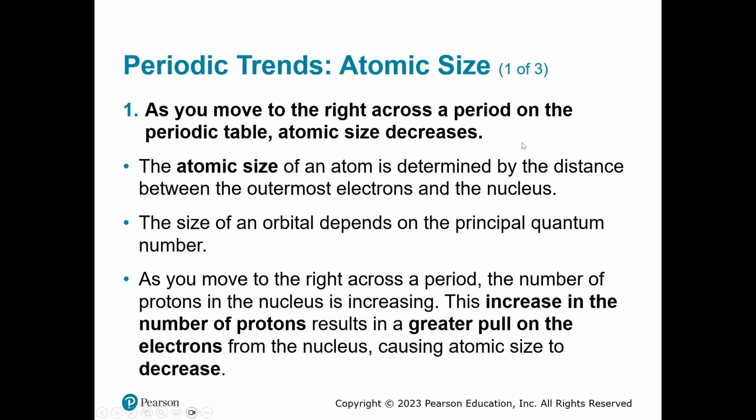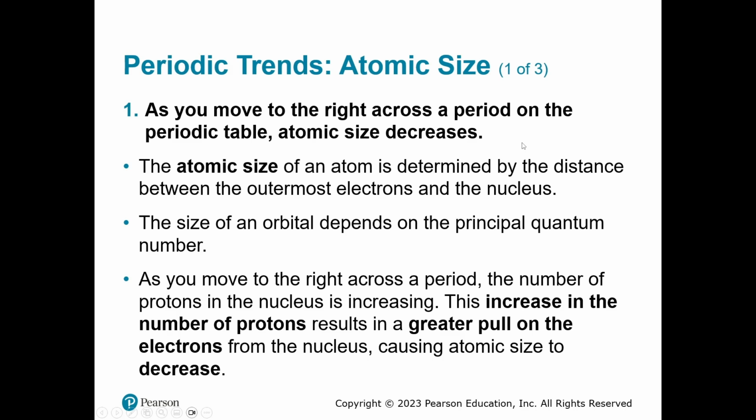In general, as we go across the periodic table to the right, as electronegativity increases, the pull on those electrons is greater. So if the pull on the electrons is greater, those electrons are going to be, on average, a little bit closer to the nuclei. And if on average any given electron is a little bit closer to the nuclei, the average size of that atom is going to be smaller.